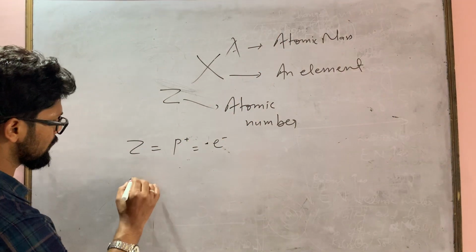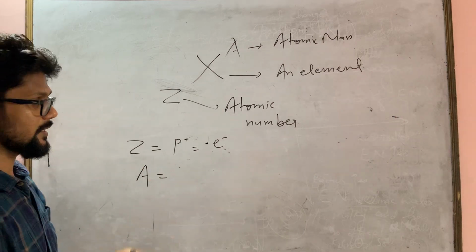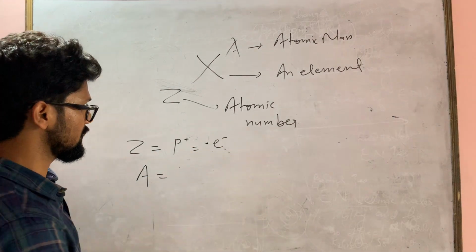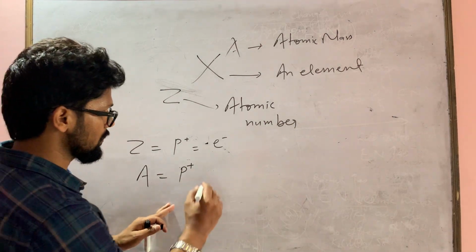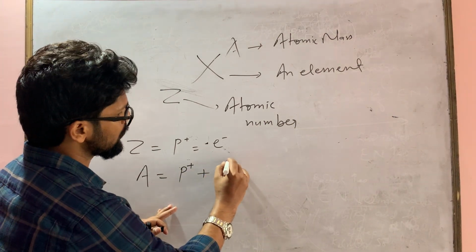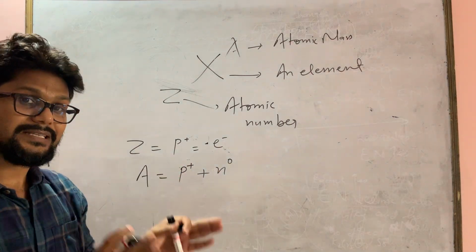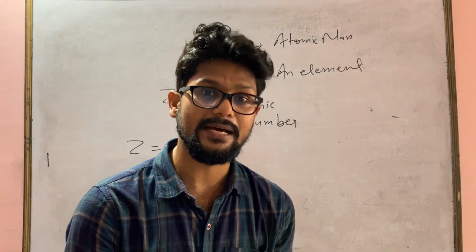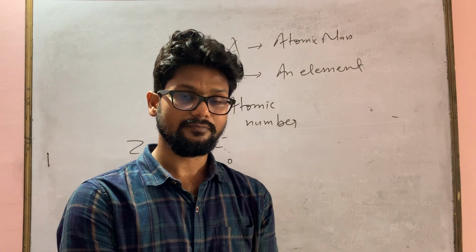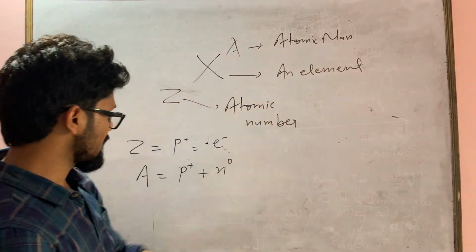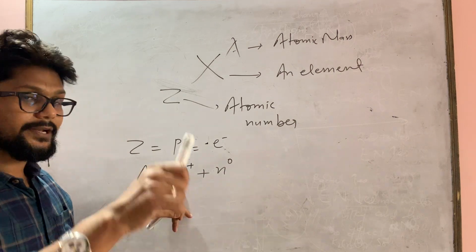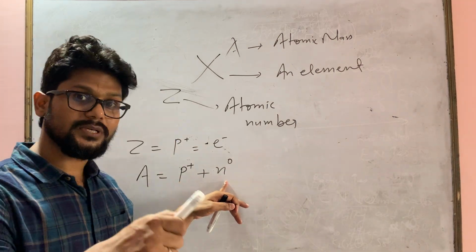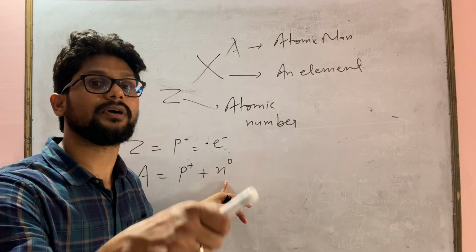Second question, what is atomic mass? Atomic mass is the sum of the total number of protons plus the total number of neutrons present in the nucleus of an atom. Once again, atomic mass is the sum of the total number of protons and total number of neutrons present in the nucleus of an atom.